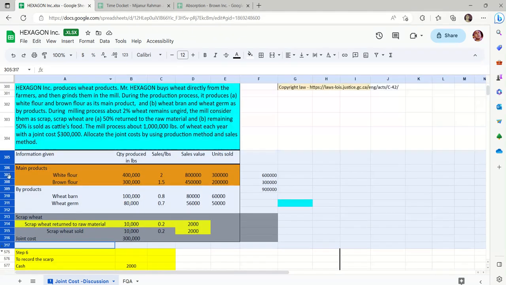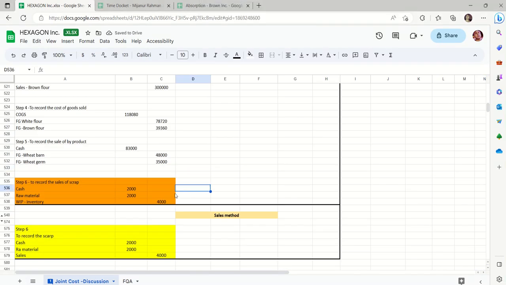Let's find that out. Highlighted in orange is the production method. This is to treat the scrap. So in the sales method, you debit cash and raw material, which is exactly the same.